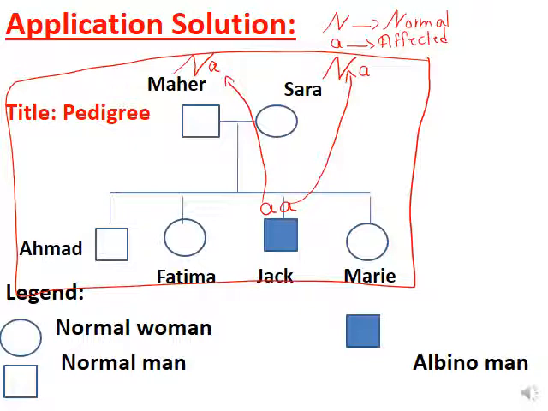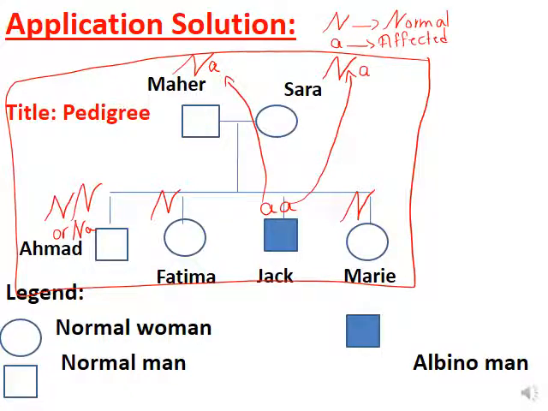What about Ahmad, Fatima, and Mary? Ahmad, Fatima, and Mary, they are normal. So they carry the normal allele. So all of them, they have N, and N. But wait a minute. They inherit N from one of their parents. From the other, they may inherit A, or may inherit N capital also. So maybe it's NN or NA.